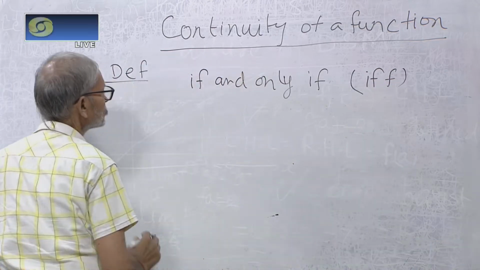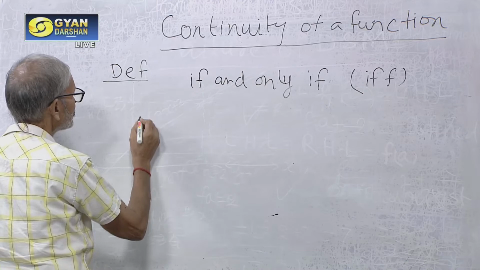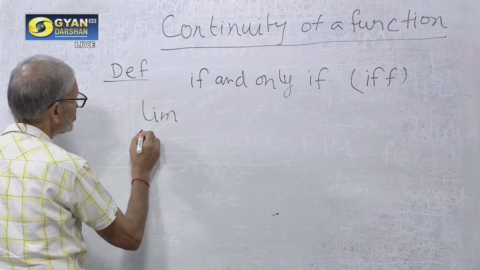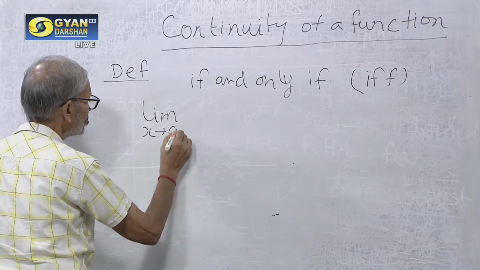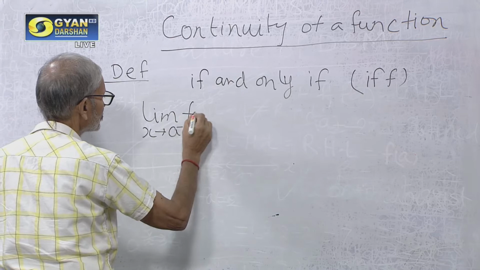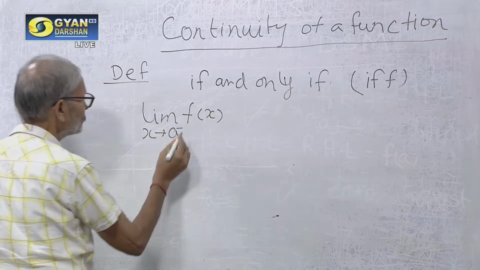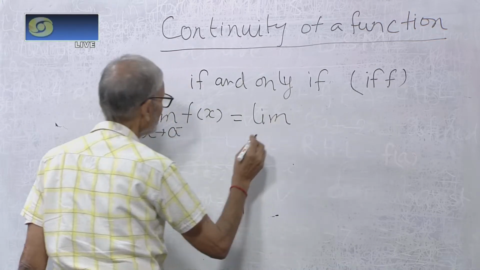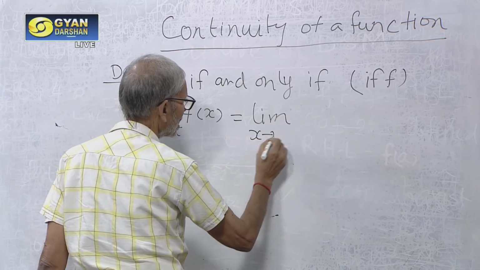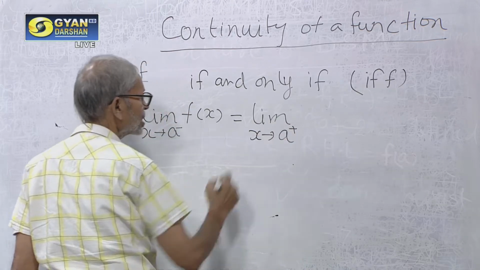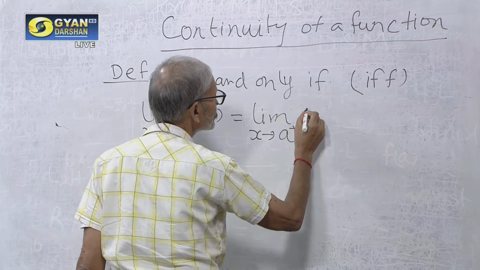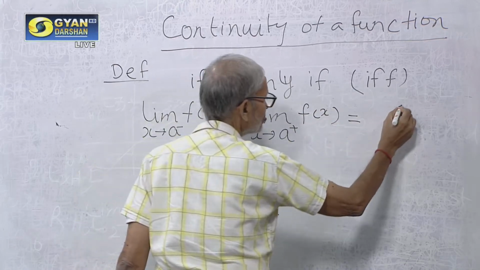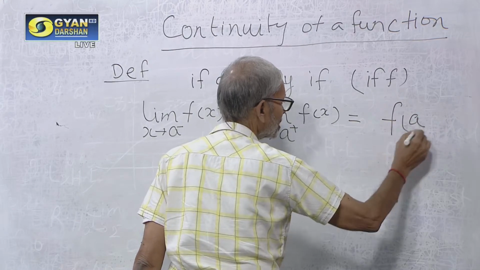The limit x tends to a minus f x, that is left hand limit, is equal to limit x tends to a plus, we approach from the right side, which is equal to f a.